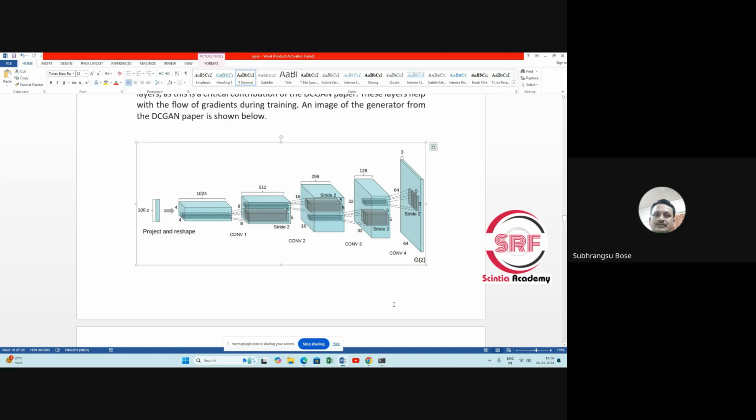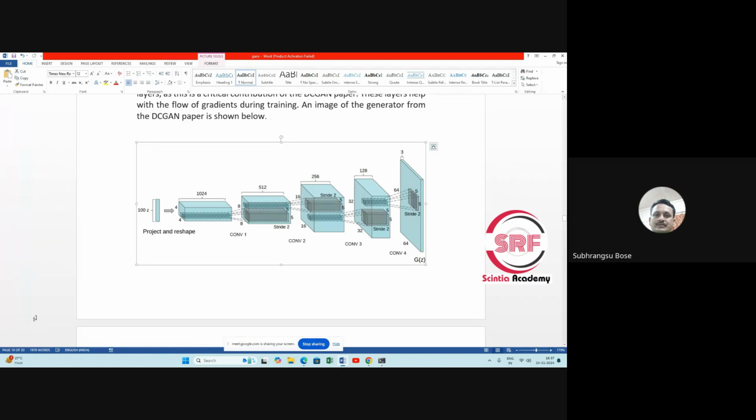This is the opposite of a convolutional neural network. This is basically a transpose convolution network, Trans CNN. In the case of a convolutional neural network, we increase the channel and height and width are reduced. But in this case, height and width increase and channel is reduced.